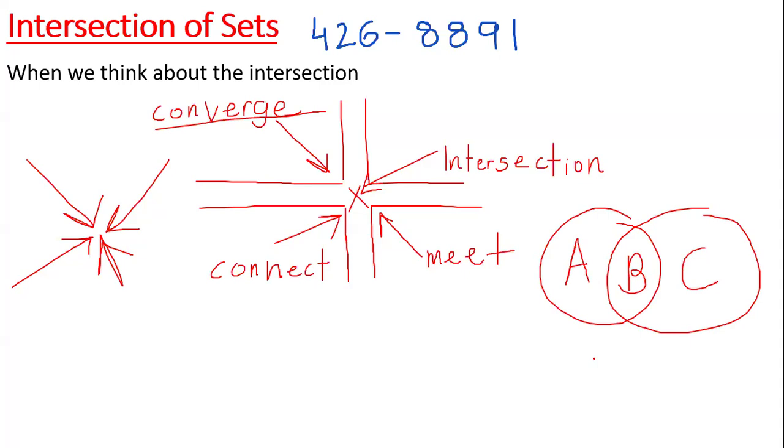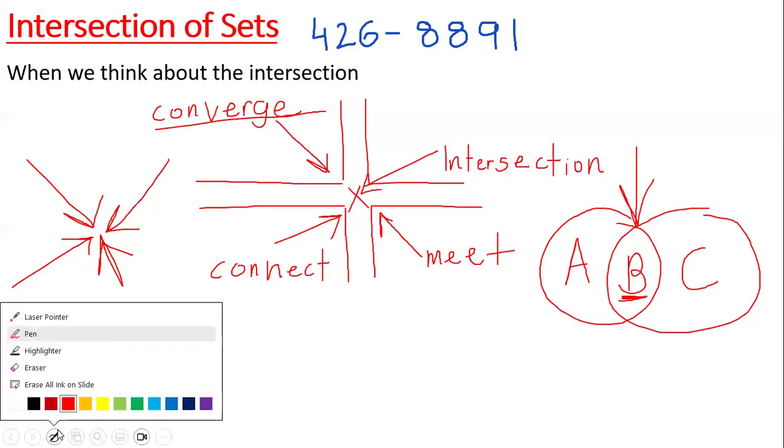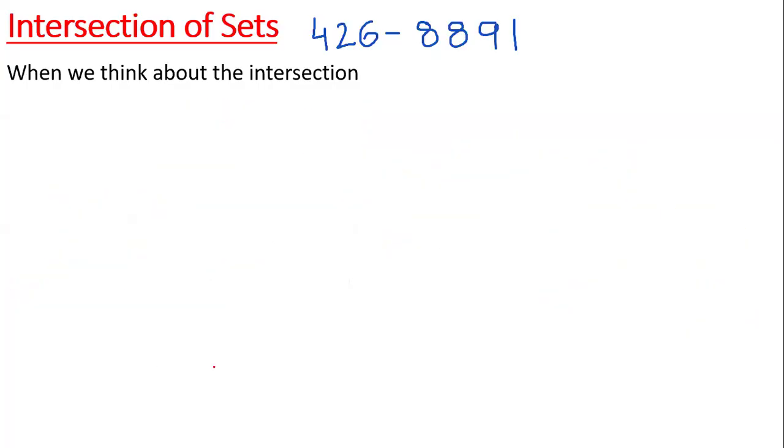B is the intersection. So that's where everything meets. Does that make sense? So that's like the overlapping place. All right. So that's what we mean.